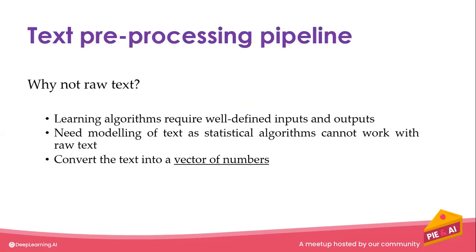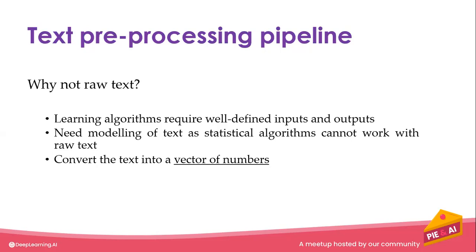And for that, we have a well-defined text preprocessing pipeline. All these learning algorithms that we have require well-defined inputs and outputs. And we will convert the text that we have. Right now you saw those SMSs. We are going to convert them into a vector of numbers.